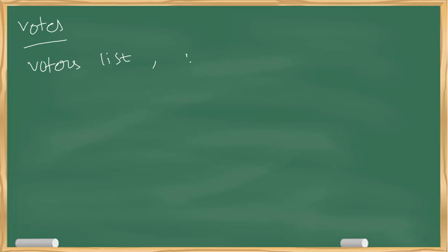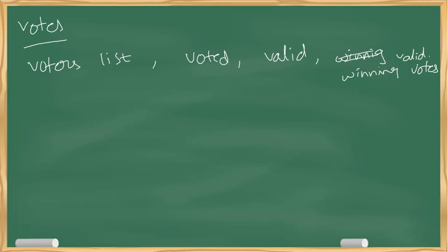Next, how many voted is a different count, how many are valid votes is a different count, and how many the winning candidate gets. Winning votes is also like winning valid votes. So this is a scenario that happens. I don't understand anything? Fine, no issues. I'll explain that step by step.